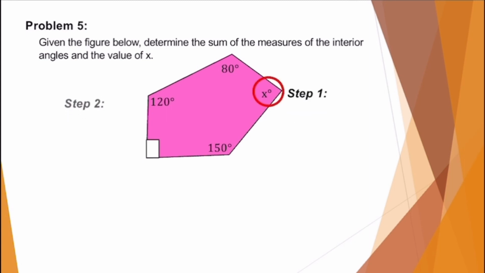For our step 2, in solving the given problem, we need to determine the sum of the measures of all interior angles of the given figure, then use the result in finding the degree measure of angle x.